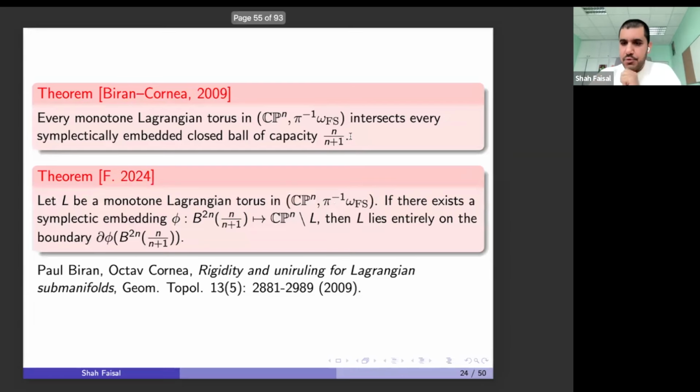Now, here is a small improvement of this theorem. If you have a ball of capacity n divided by n+1 and a monotone torus intersects that ball only at the boundary, then the whole torus would be contained in the boundary of that ball.